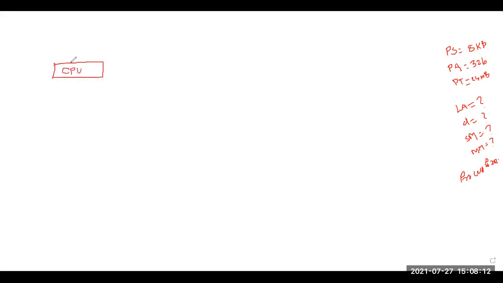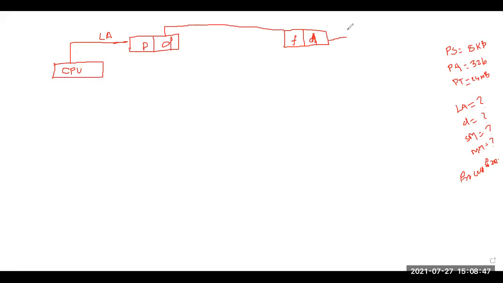The CPU will generate a logical address, which is nothing but P and D. This D is the offset within the frame. This gives you a physical address, which is mapped to the main memory.